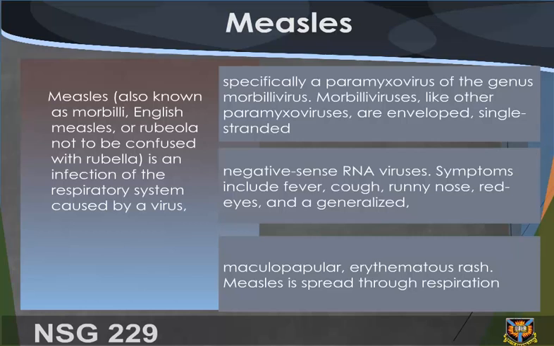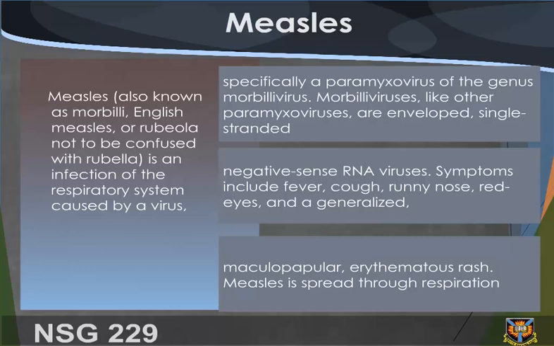Morbilliviruses, like other paramyxoviruses, are enveloped, single-stranded, negative-sense RNA viruses. Symptoms include fever, cough, running nose, red eyes, and a generalized maculopapular erythematous rash.